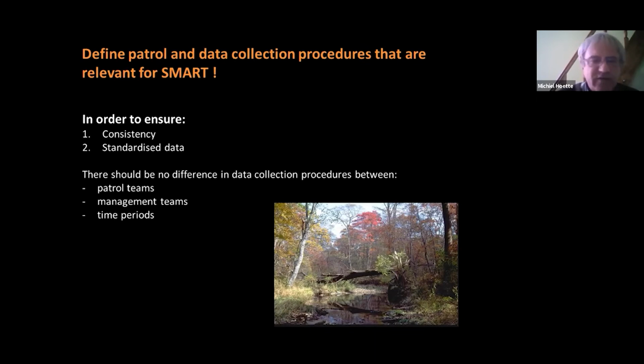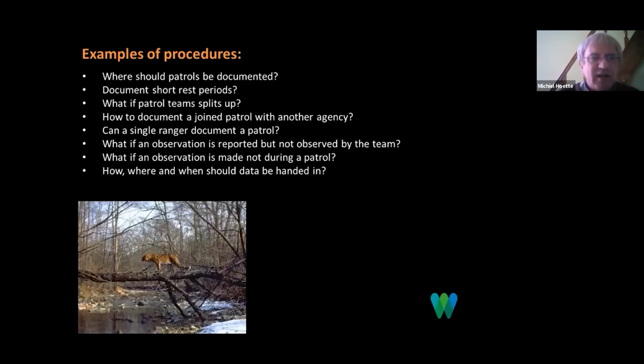I'll give a few examples of the procedures you have to define. Obviously you have to decide where data collection starts. For instance, if you have a road around a protected area, but it's not part of the protected area, should traveling on that road be included or not?